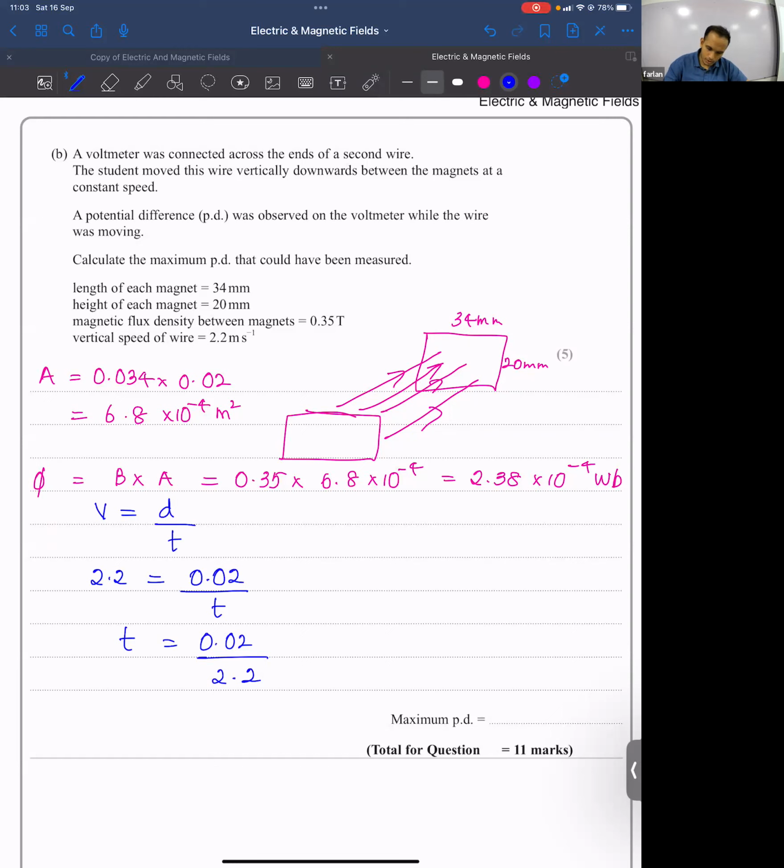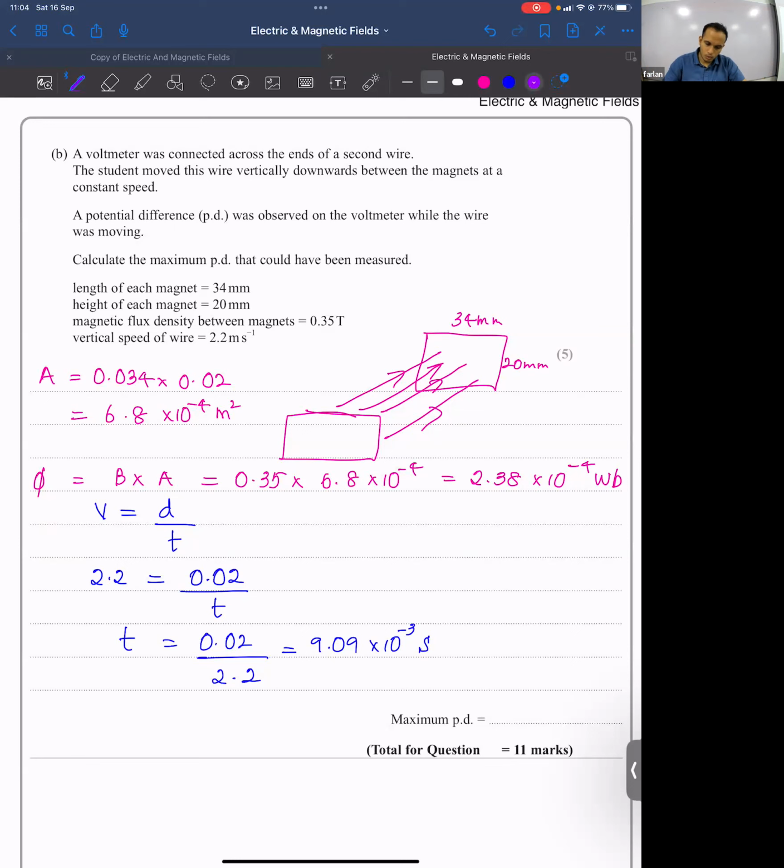It is 9.09 × 10^-3 seconds. Now, this is the time taken for the wire to move across this magnetic field. Am I right? You are moving the wire at the given speed and you are moving a distance of 20 millimeters. Correct? So I can find the time taken for the wire to cross the magnetic field is 9.09 × 10^-3 seconds.